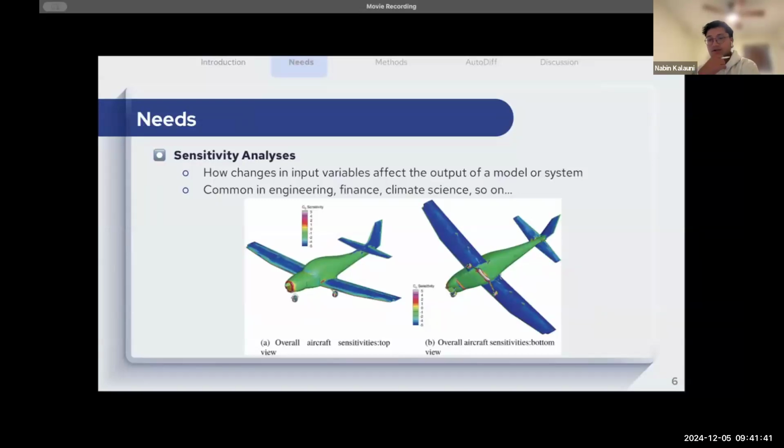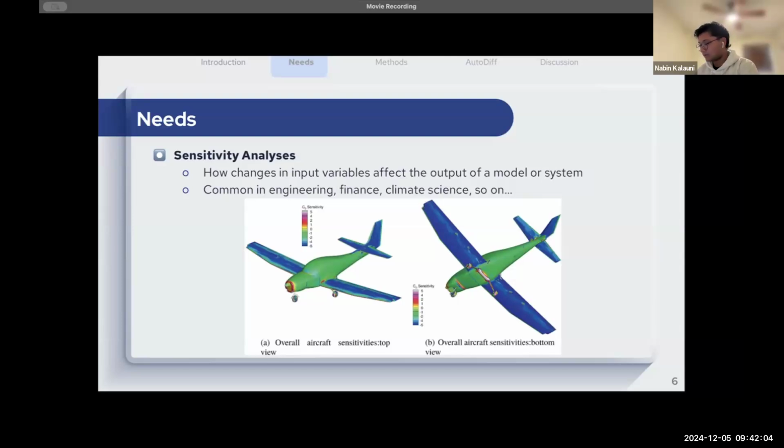And the need for gradients: why do we need gradients? The first use case of gradients would be something like sensitivity analysis, where you want to understand what happens when you change any particular input to your system, and how the output changes. That's really interesting and something we do quite often in many different fields.